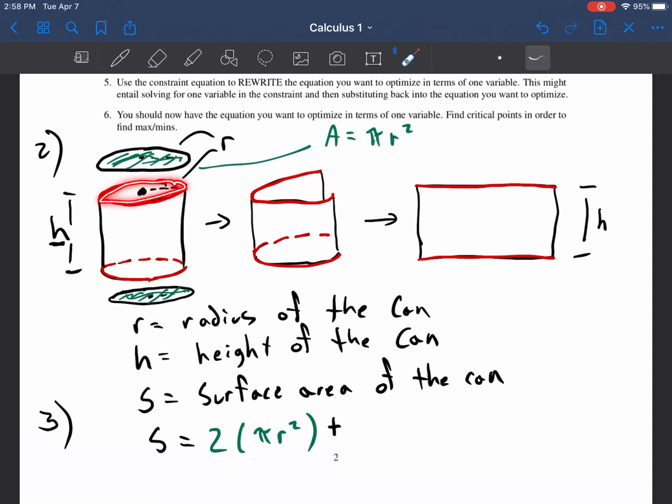Imagine we took this circle up here, cut it right here, and started unraveling it and laying it down flat. The length from here to here is the same as the length it takes to go around, so this length is just the circumference of this circle.